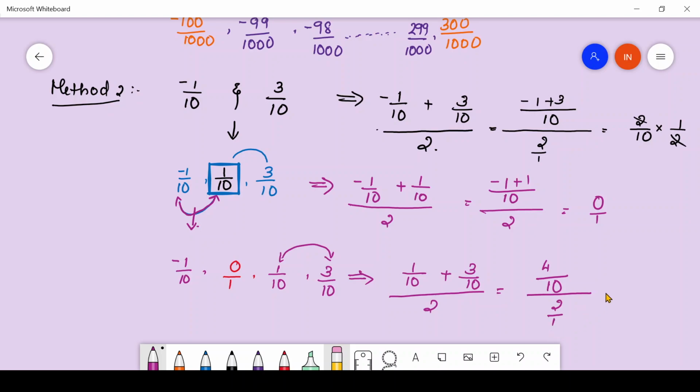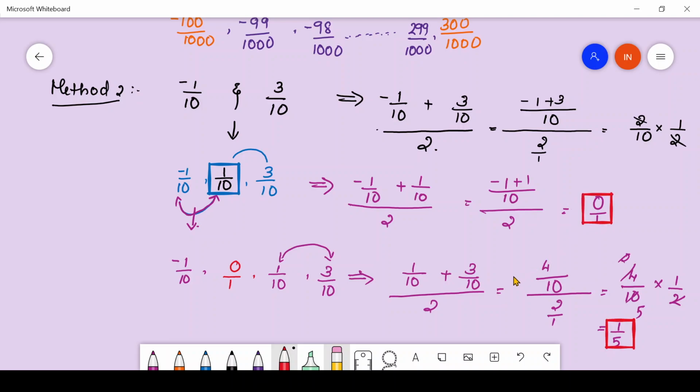This 2 means 2 by 1, so what you have to do? You can take 4 by 10 multiplied with 1 by 2, and you can cancel over here. 2 and 10 will go with 5. So what will be the rational number over here? 1 by 5, right? So the rational number we got over here is 1 by 5, right?